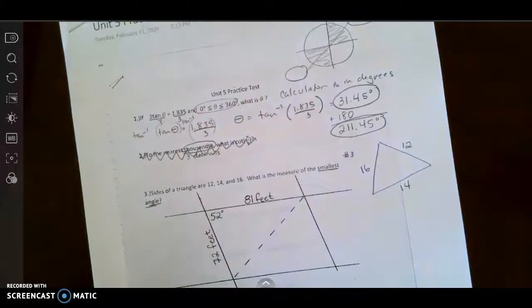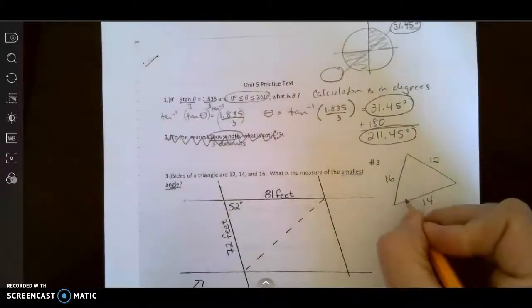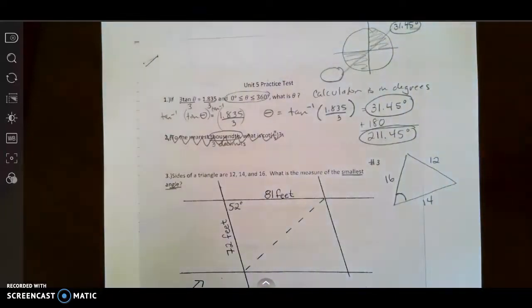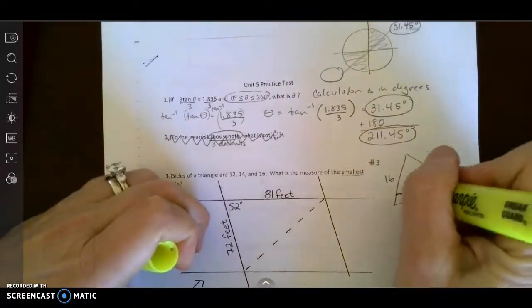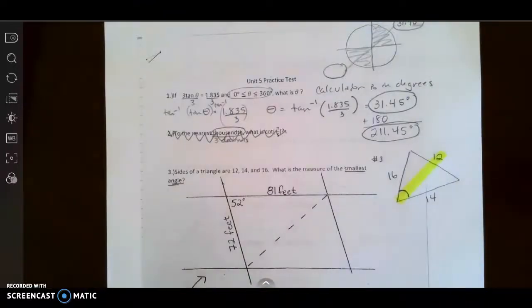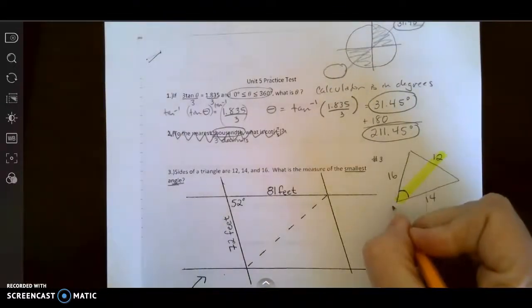Well, the smallest angle is across from the smallest side. So this is the angle that I'm looking for. Right? And whenever I have side, side, side, I remember that I use law of cosines. So I guess I'll call this x. Well, actually capital X, because it's an angle.